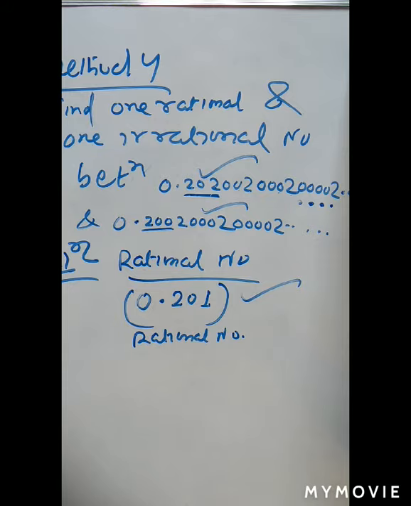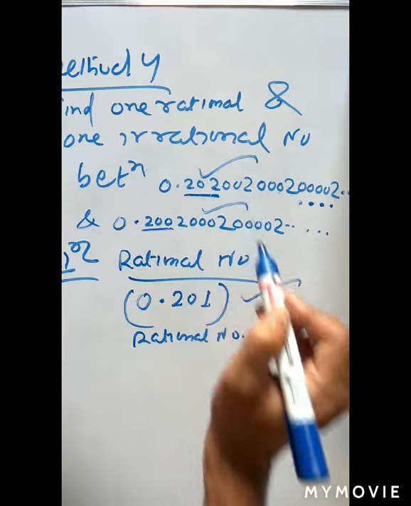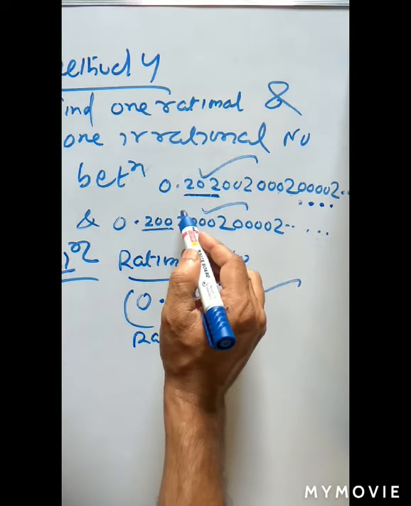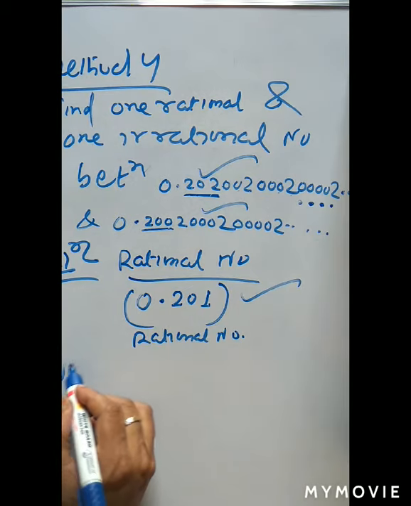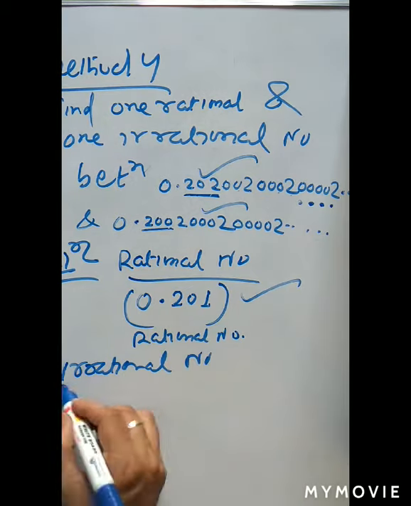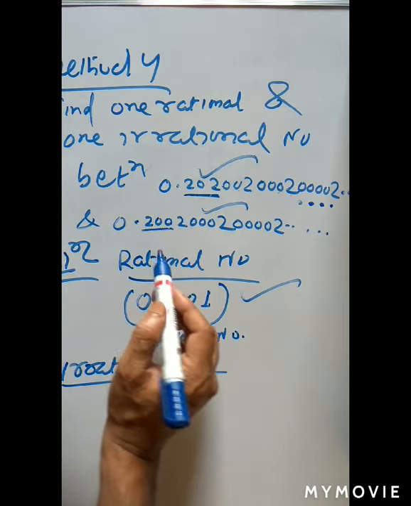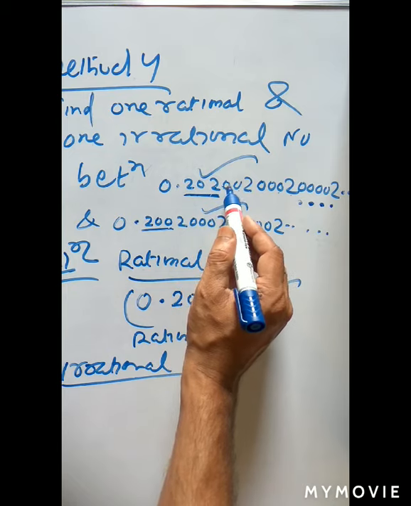Now we have to find another, an irrational number. You see, here this number is less than this. So I will choose an irrational number which is lying between this and this. You see here 0.2002, here 0.2020.